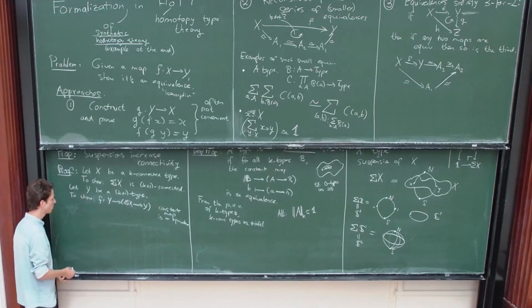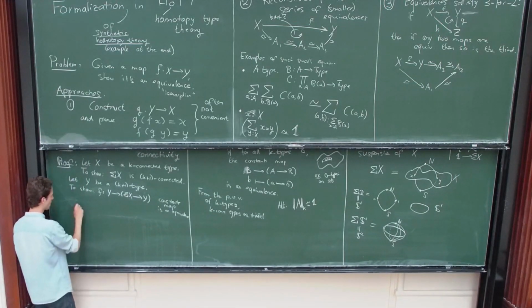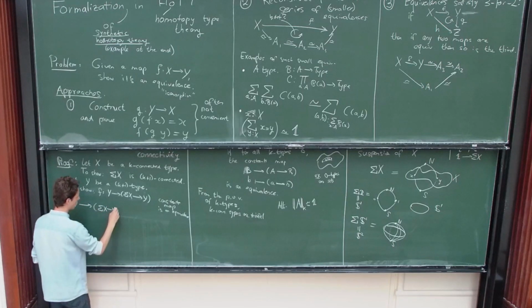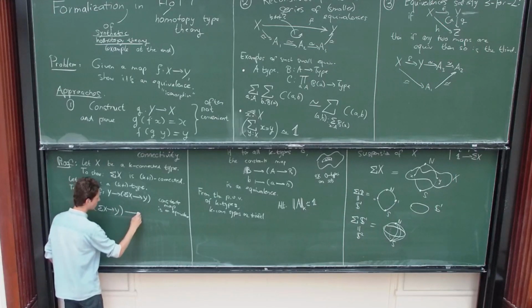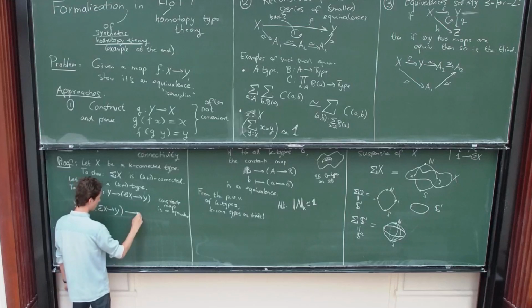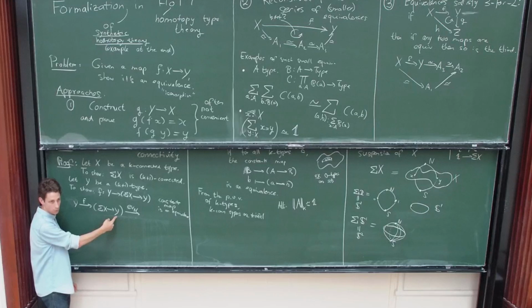So instead we consider this. We have Y, the functions from the suspension of X into Y, and now I consider another map here. So this is f, and this map evaluates this function at the North Pole.